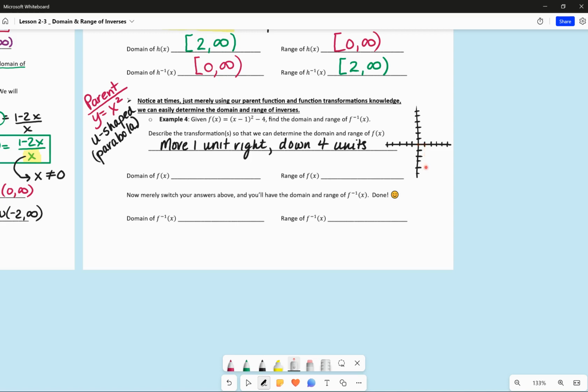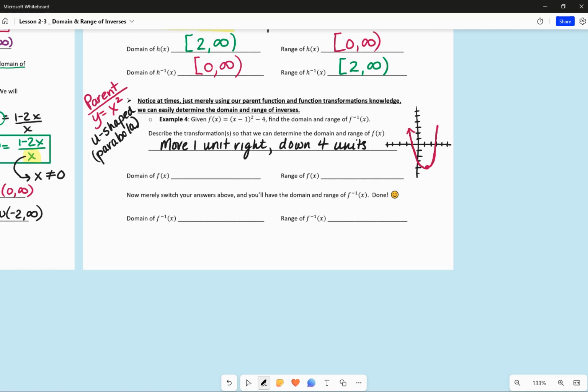So right there, I have to put my vertex. And then I know it's going to be a U-shaped graph. I'm just sketching, right? So I know I may not have the right width, but it's just a sketch, okay? A sketch to help us determine domain and range.